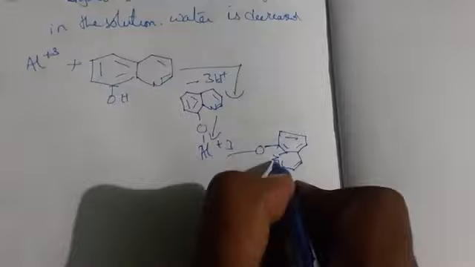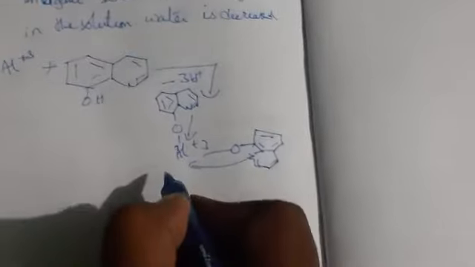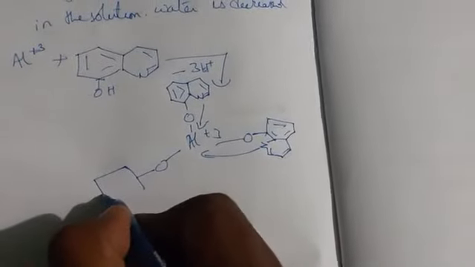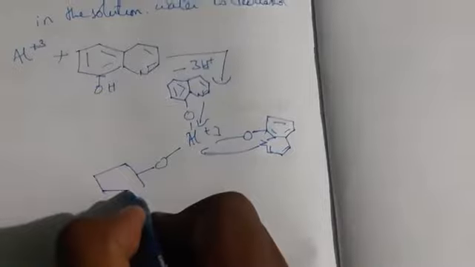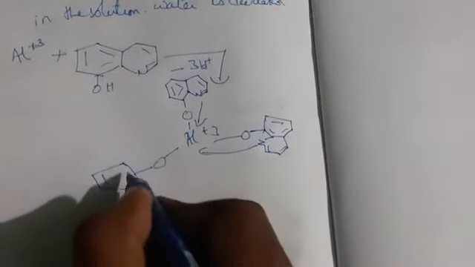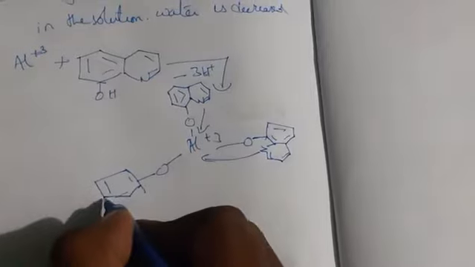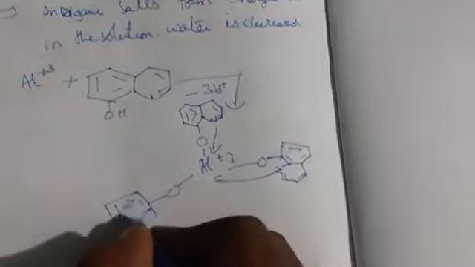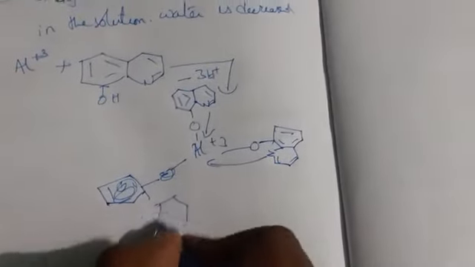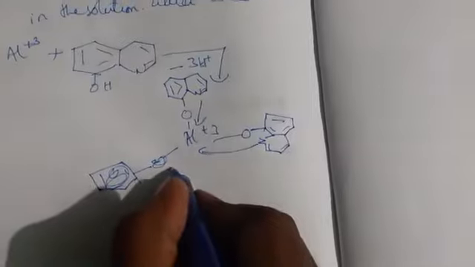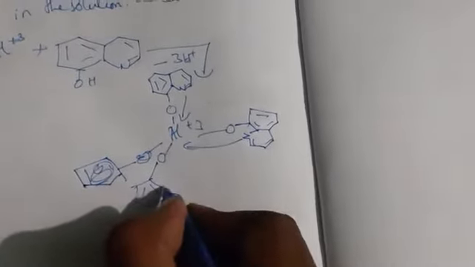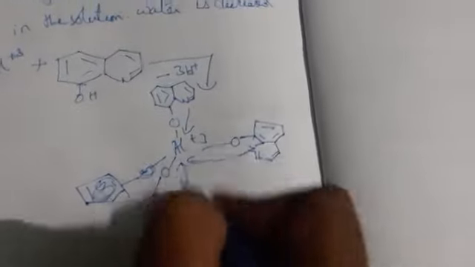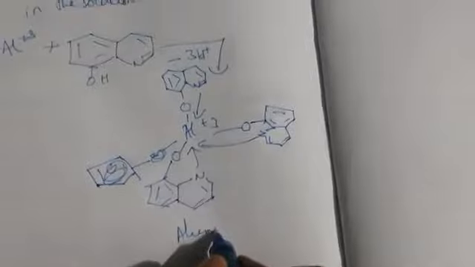This is the N. So like this, 3 molecules form aluminum quinolate.